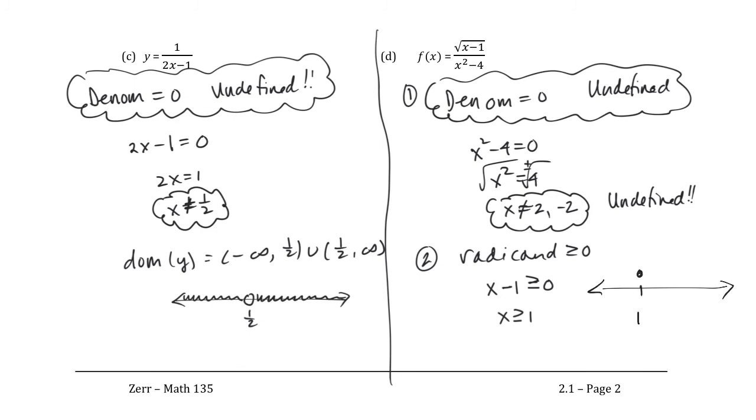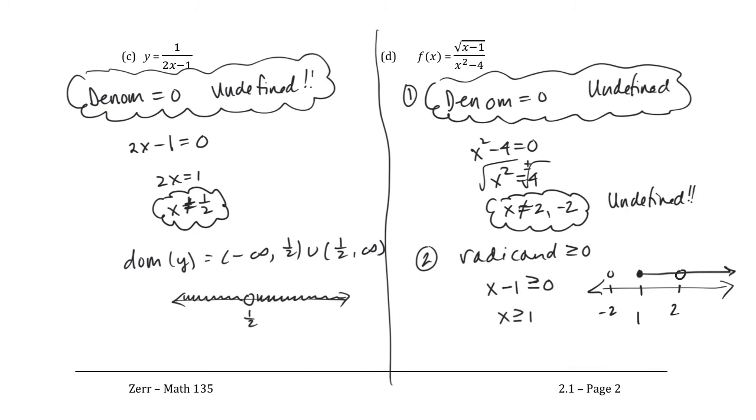I can include 1 and just have every number heading off towards infinity, except I have a problem at negative 2. Well, that's fine because that's not even part of the group there, but we also have a little problem at 2. That is not part of the solution.